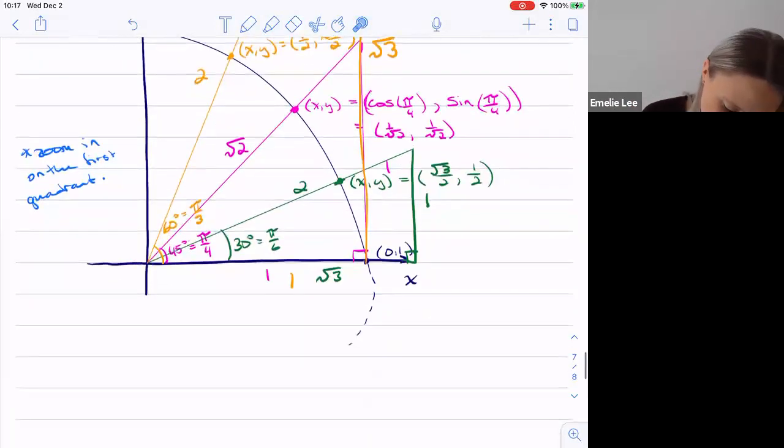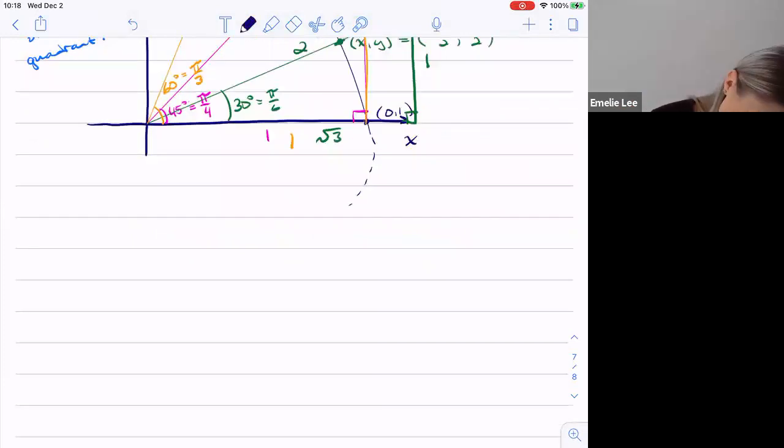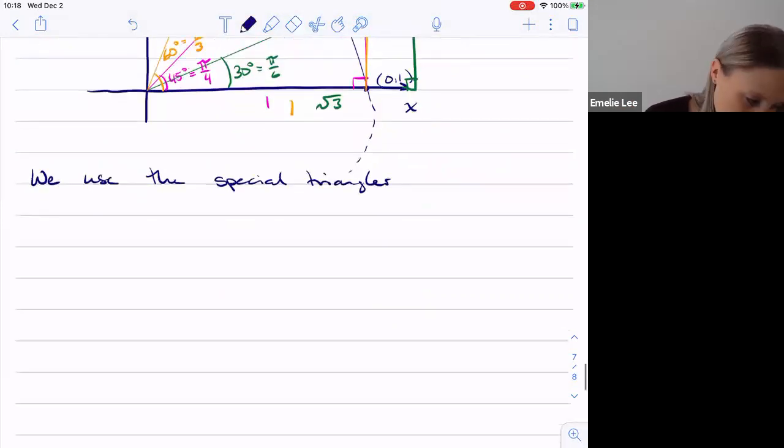Okay, so we use the special triangles to find terminal points.